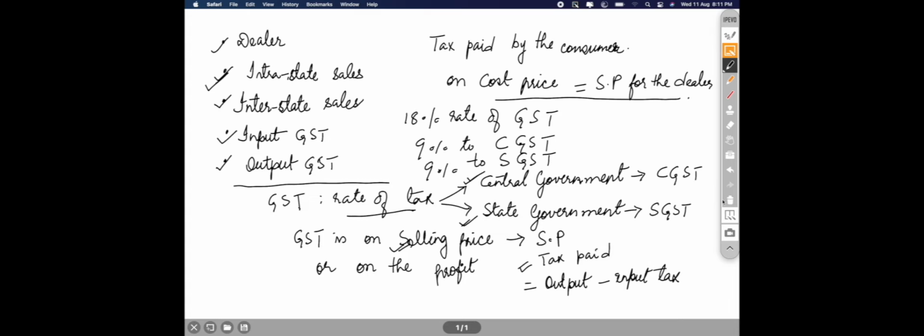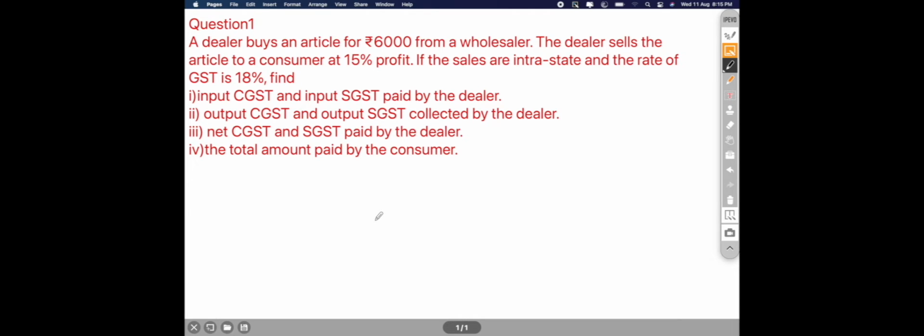Now let us solve some problems related to CGST and SGST. So here basically it is calculation of percentage of some value. So here is the first question.